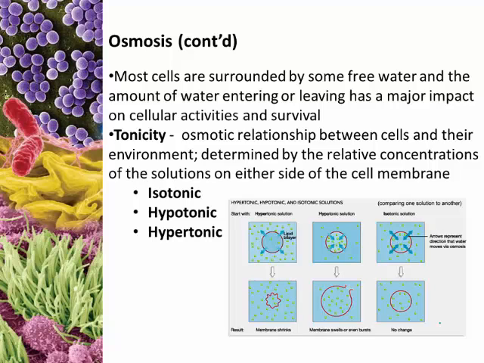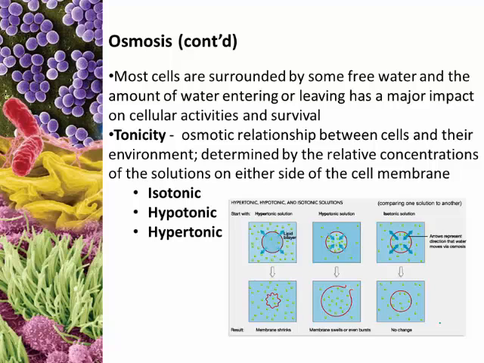Now, one thing that's brought up, and I know this is one of everybody's favorite subjects, is that when we start talking about water moving into and out of cells, we talk about the relationship between cells and the environment, and that's something we term tonicity.